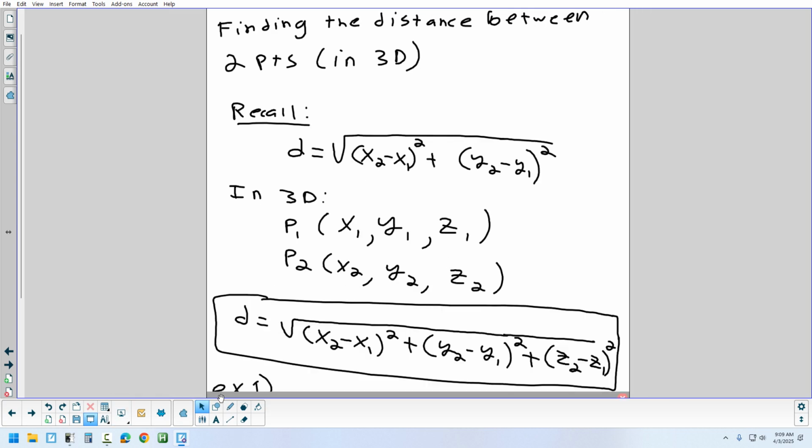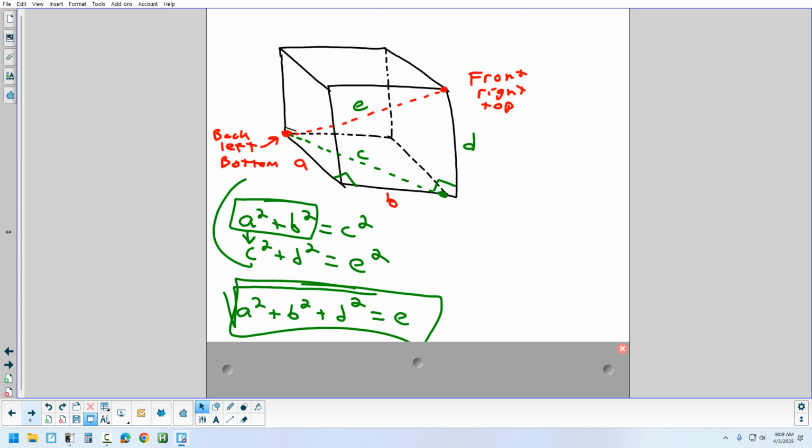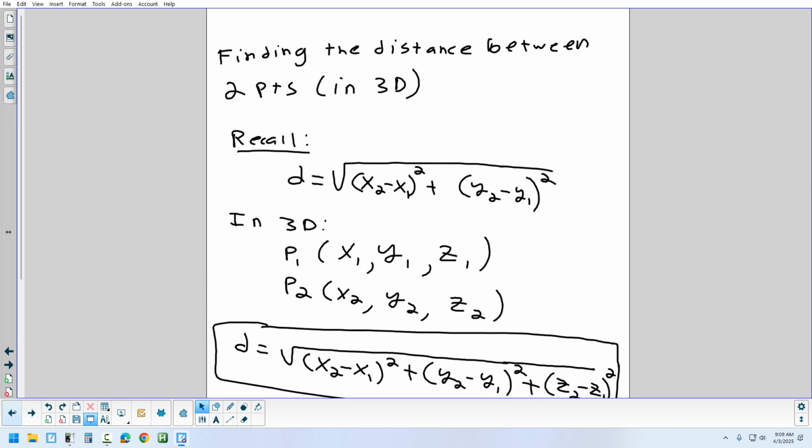Okay, so there's a reminder of how you do it in 2D. The distance formula says you find the length of one side, the length of the other side, add them up and take the square root. But in 3D, we're going to have to find the length of one side, and another side, add them all up, and take the square root.